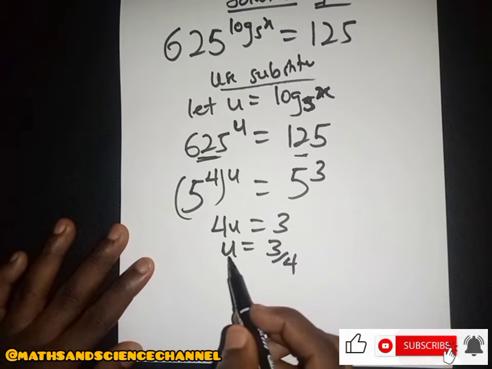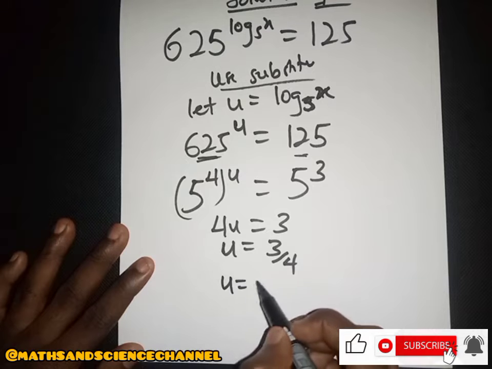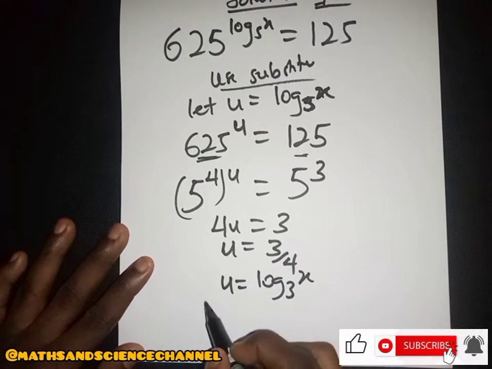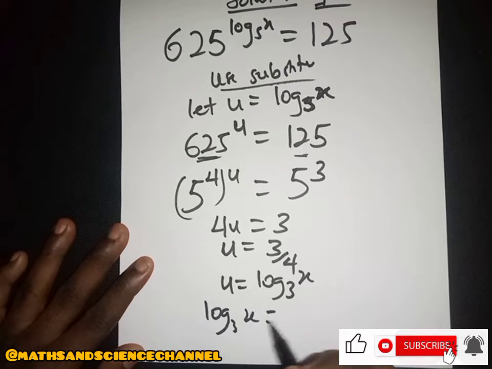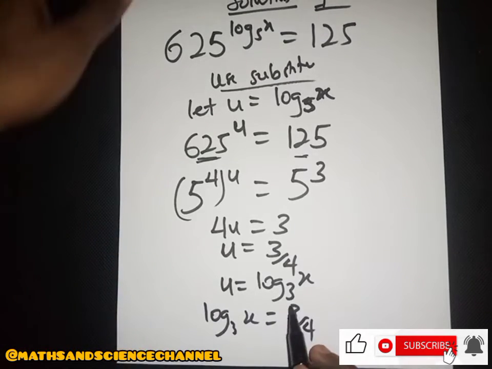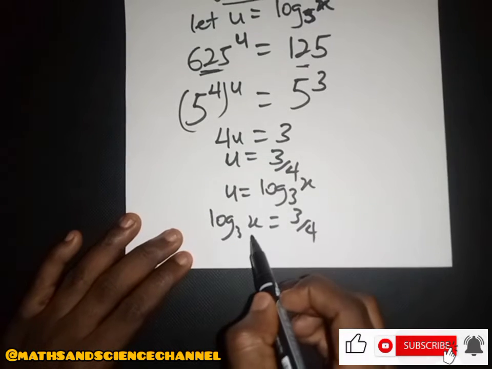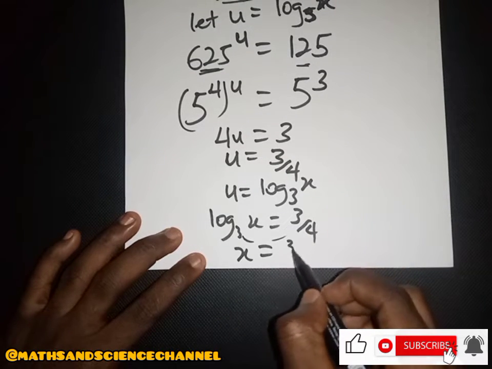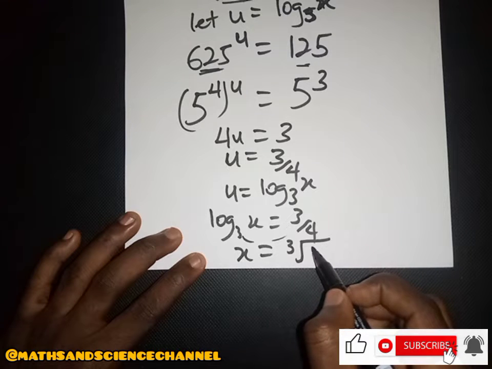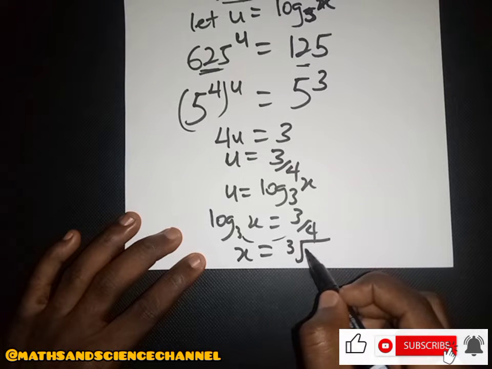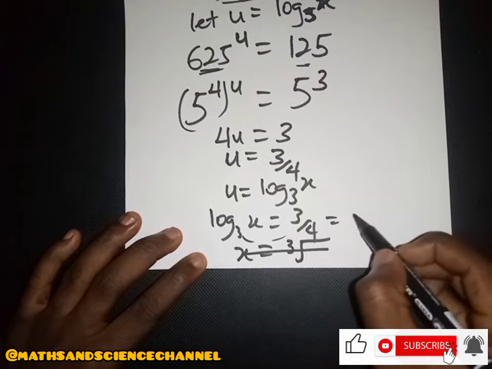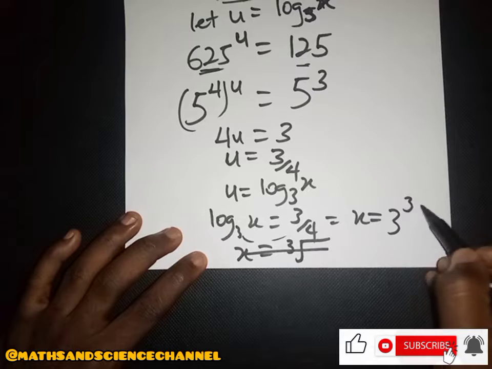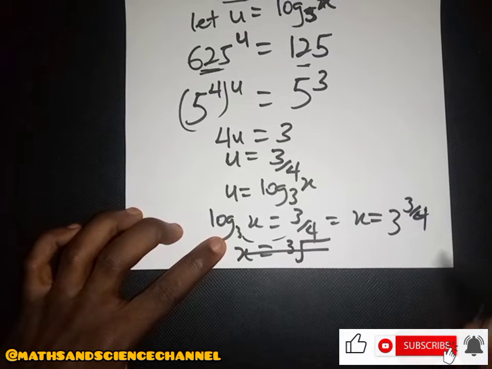So we said let u equal log base 5 of x, which means that log base 5 of x equals 3 over 4. From here what we can do is take this to the other side and raise the whole thing up.